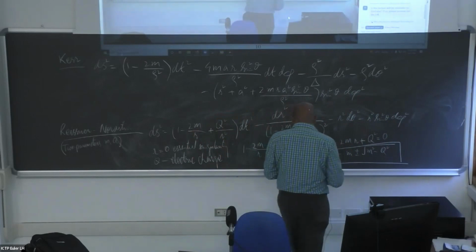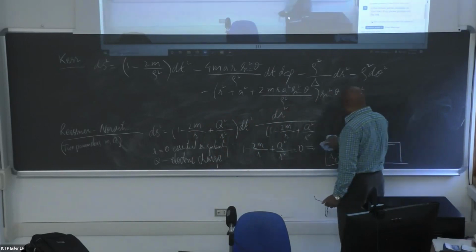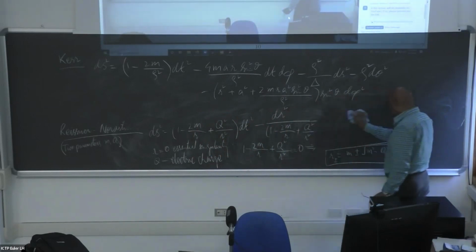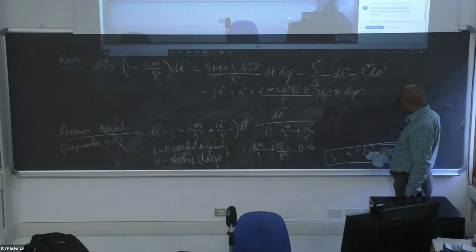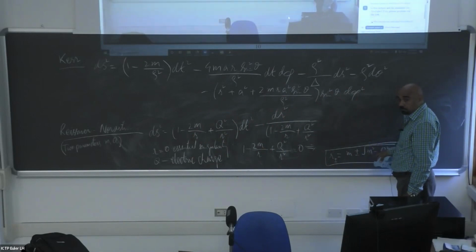And let me erase. So we have another equation of this type. This was Reissner-Nordström. Just remember that there will be this radical sign sometimes, which will give rise to some peculiar situations in case this is negative.